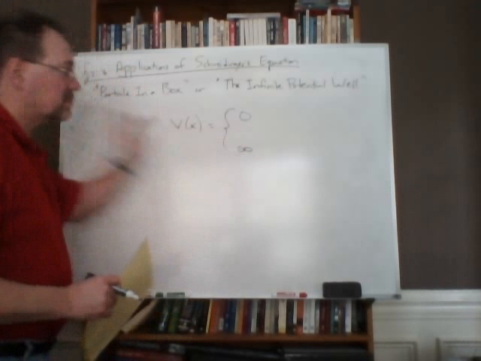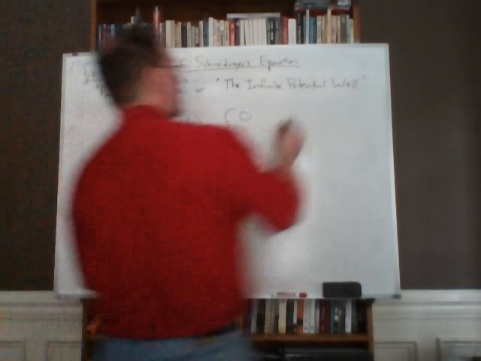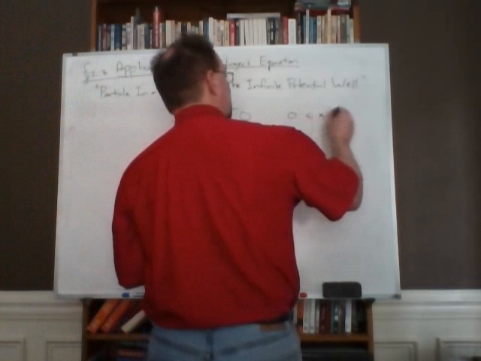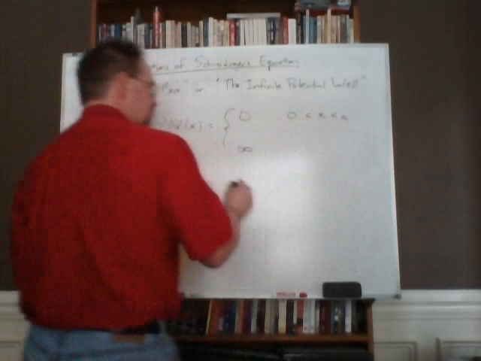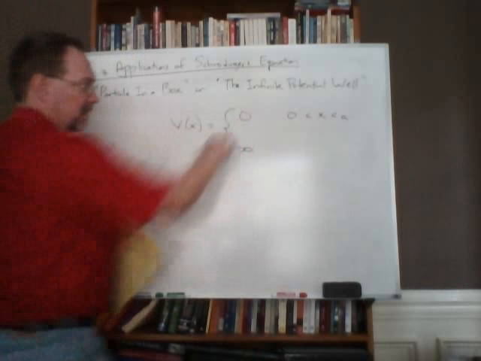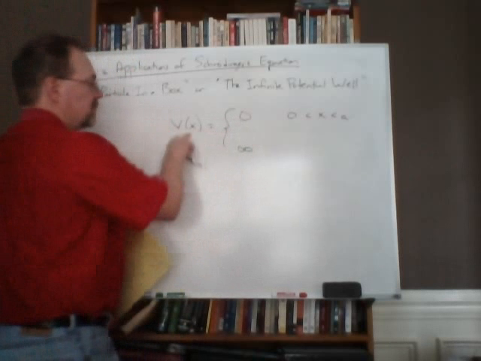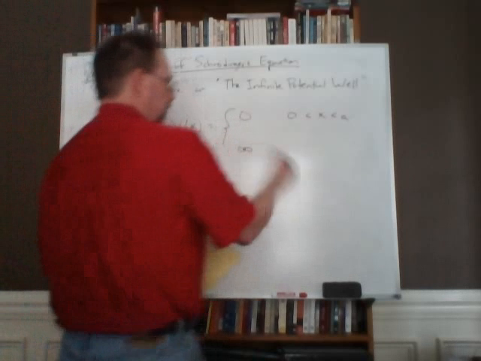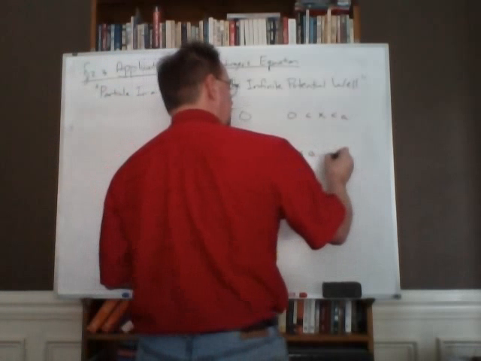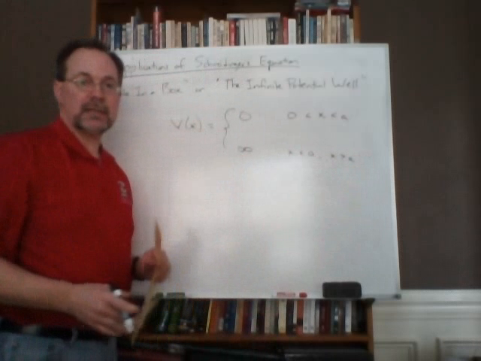But now, where is this well? Let's orient our well so that it's between x equals 0 and a. So that's where it is, the potential energy is going to be 0 in that region. And then outside that region, so for x less than 0 and x greater than a, the potential energy is infinite.